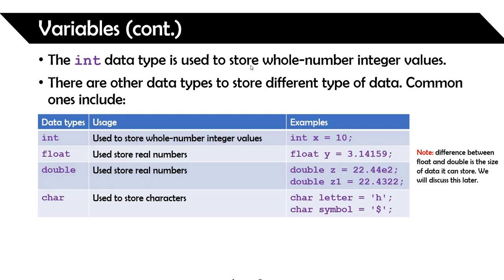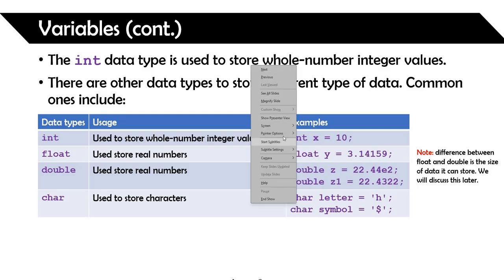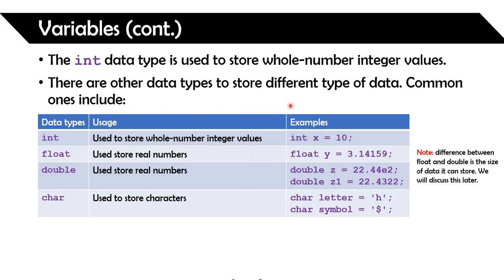So the integer data type is used to store whole number integer values, whole numbers. So 10, 20, 23, those kinds of values are integers without a decimal point. There are other data types which can actually store different types of data. So common ones are integer, float, double, and character, char. So integer is one whole number without any decimal point.